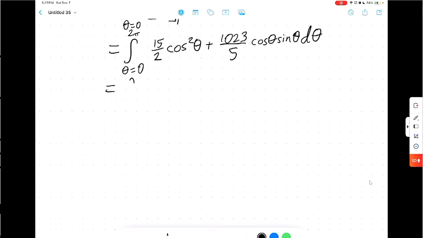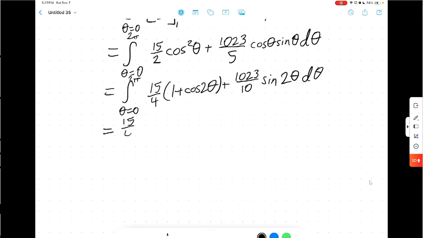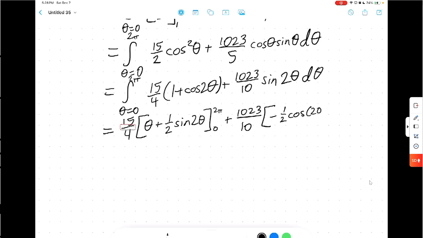Alright, and now I'm just going to have to rewrite this. So we get 15 over 4 times 1 plus cosine of 2 theta plus 1023 over 10 sine of 2 theta. 15 over 4 theta plus half sine, 0 to 2 pi, plus 1023 over 10 negative half cosine of 2 theta from 0 to 2 pi.